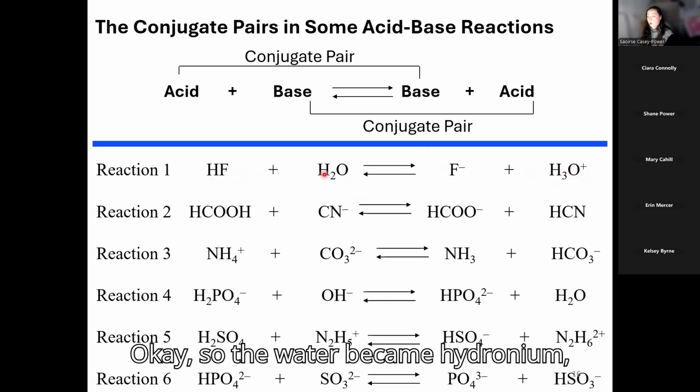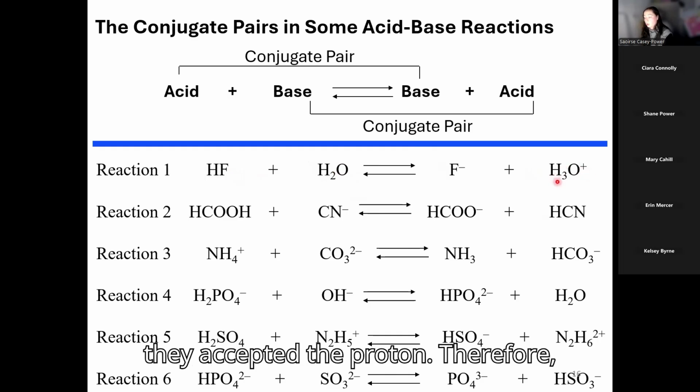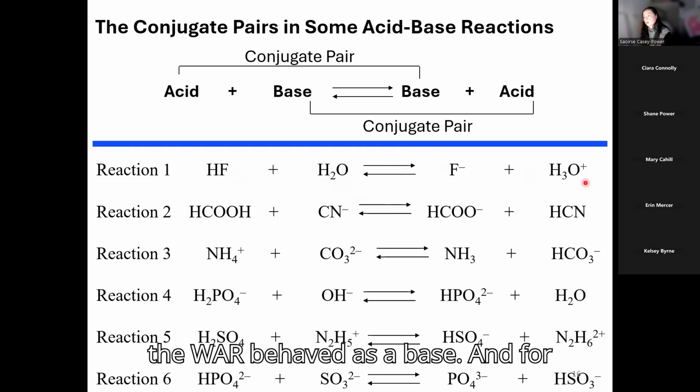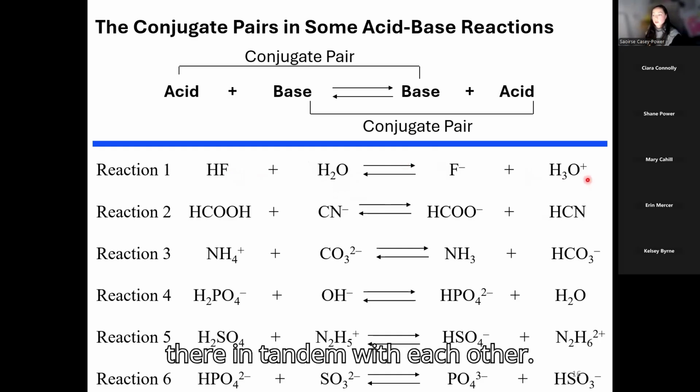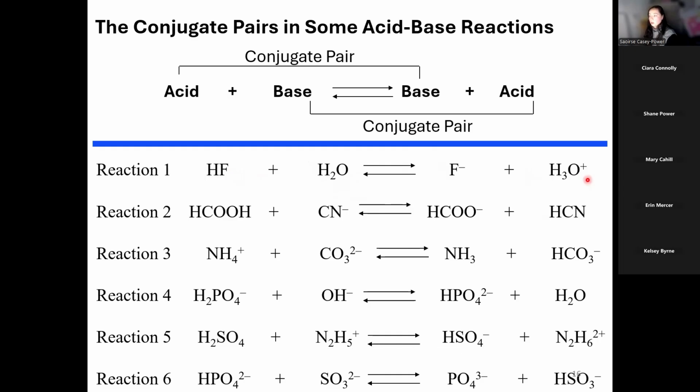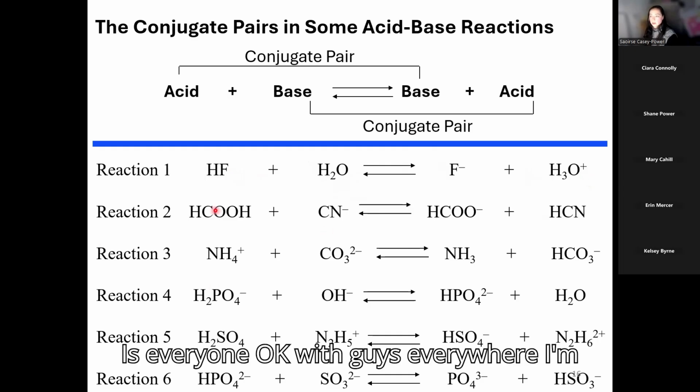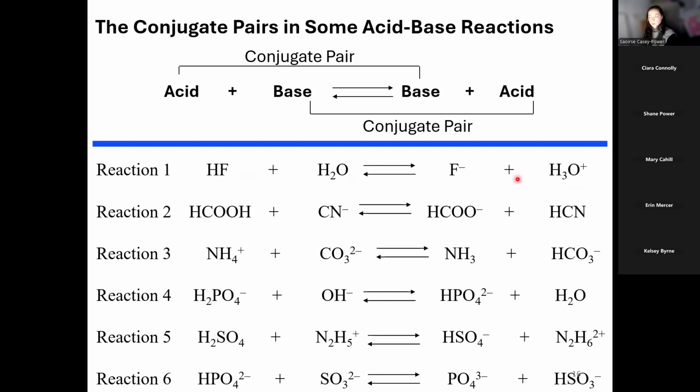So the water became hydronium. It accepted the proton, therefore the water behaved as a base and formed a conjugate acid on this side. So they're in tandem with each other. Is everyone okay with that, guys? Everyone can see where I'm getting that from, yeah?